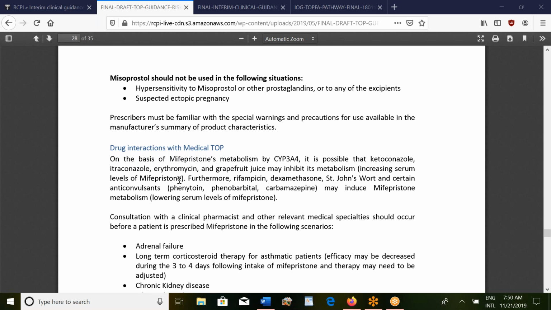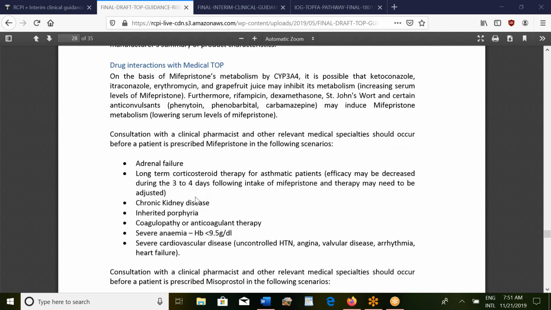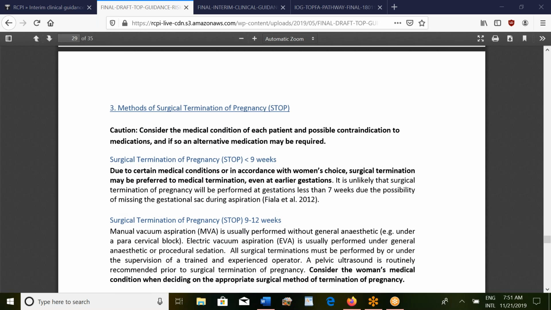And if she is taking rifampicin, dexamethasone, St. John's wort, and anticonvulsants like phenobarbital and carbamazepine, they may induce mifepristone metabolism, so the dose will have to be increased. Basically, you should just know that your patient is stable, has no contraindication, doesn't have any abnormality, coagulation profile is normal, and then you are going to deal with them.